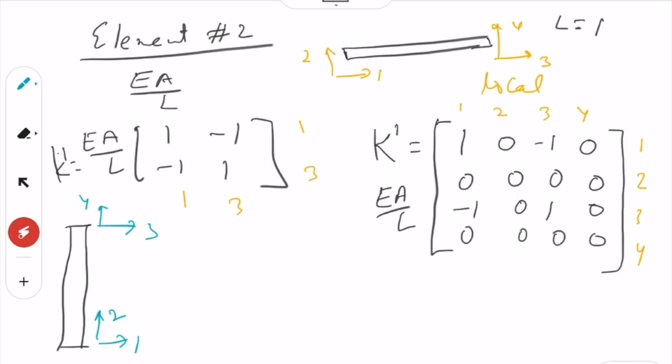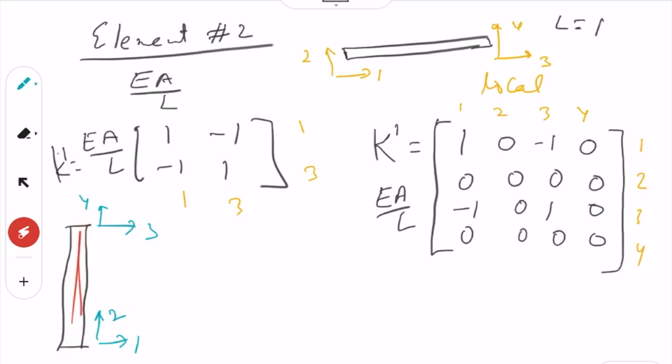In the new system we have written in blue color now, 2 and 4 are along this one.